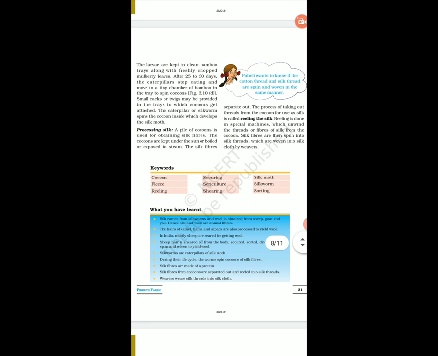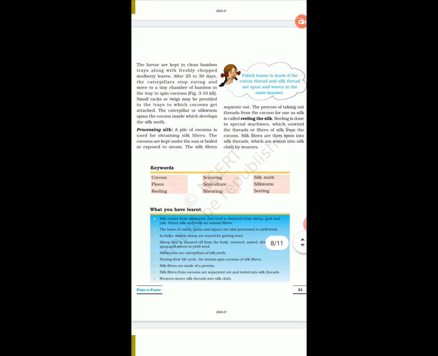Right? 25 से 30 days तक खाते रहते हैं and then they stop eating and then they start making cocoons. Small racks or twigs may be provided in the trays to which cocoons get attached. The caterpillar or silkworm spins the cocoon inside which develops the silk moth. Cocoon बना लेते हैं and bamboo is kept so that उसके अंदर वो चले जाते हैं and they make cocoon inside it.